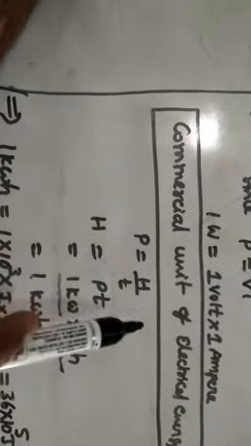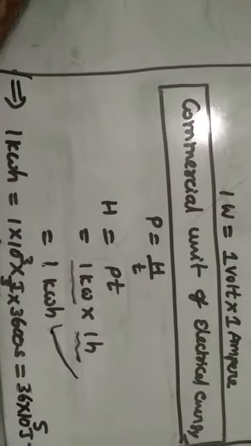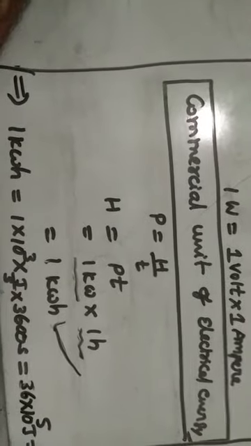Power is said to be 1 kilowatt, time is said to be 1 hour. Multiplying, we get 1 kilowatt hour. So the commercial unit of electric energy is nothing but kilowatt hour. Remember this.